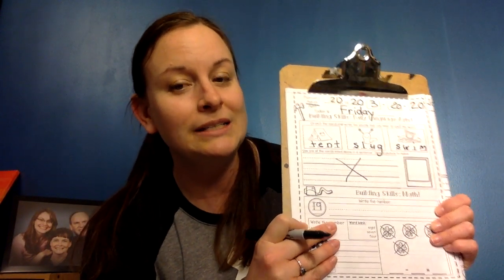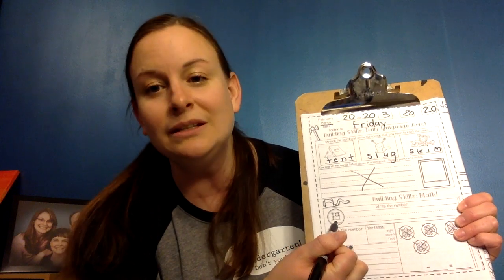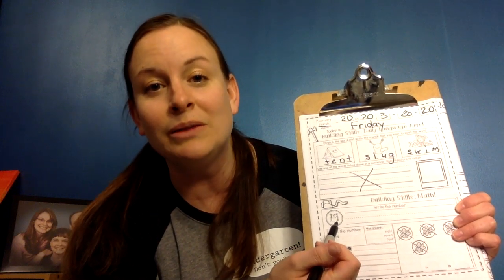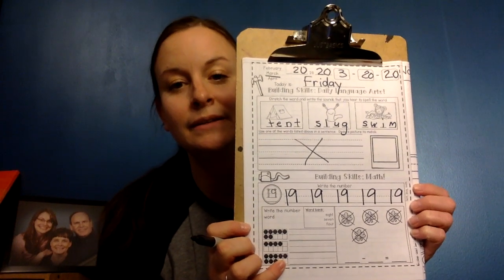Okay, this next part, you're going to practice writing your 19s. I want you to use this example to make sure you get your 9 going the right way and put your finger space between. So go ahead and write your 19s. With your finger spaces.